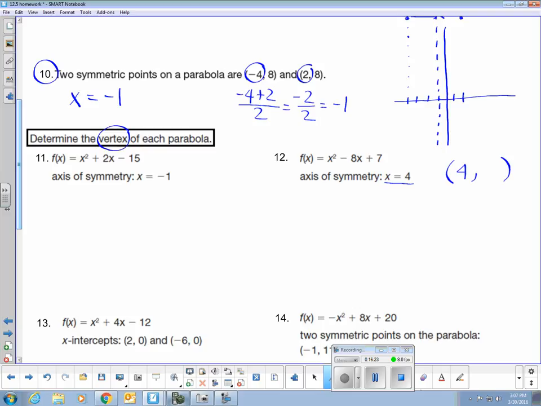If I want to find my missing y value that goes with x equals 4, I can do several things. But I can just go ahead and plug in and find what f of 4 is. So in my equation, out comes x, and in goes 4.